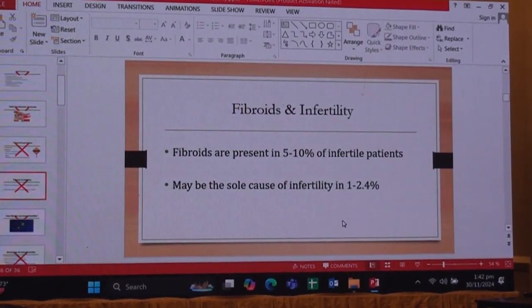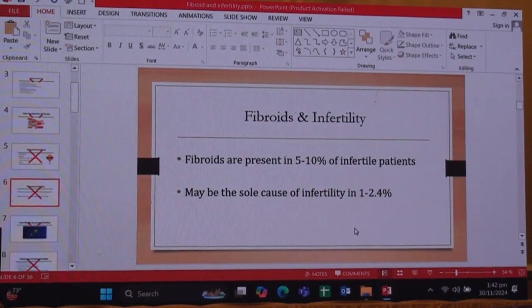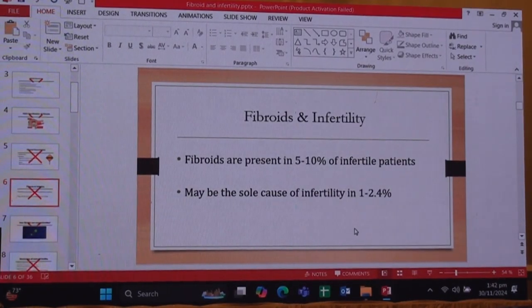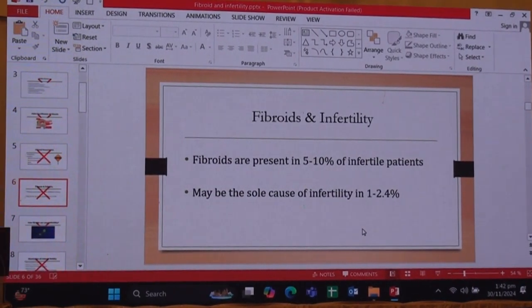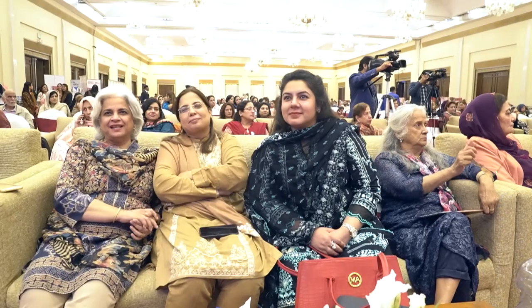Infertility in fibroids, 5 to 10% of infertile patients have fibroids, and in 1 to 2.4% it is the sole cause of infertility. Now, it's not easy to prove that fibroids are causing the infertility, and sometimes we do get carried away with the fact that the patient is not getting pregnant. We see fibroids on a scan or otherwise, and in order to do something to benefit her, we start to deal with the fibroids.